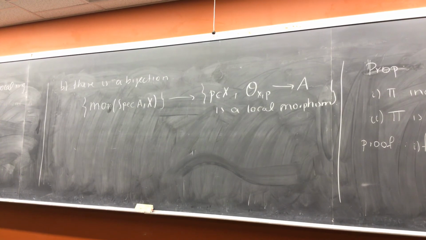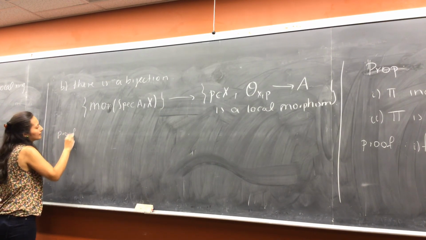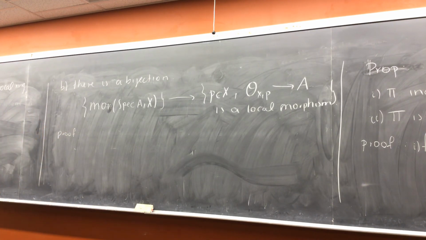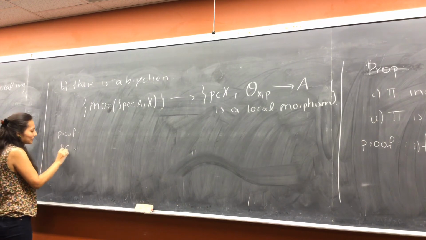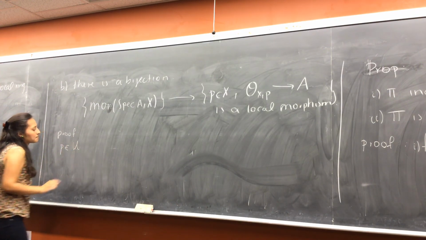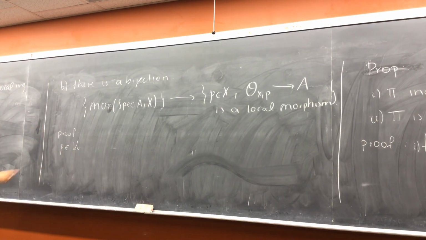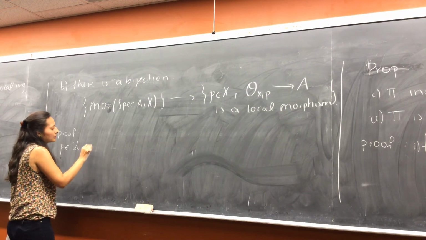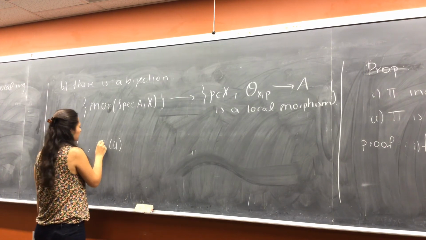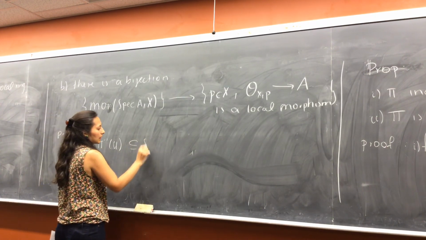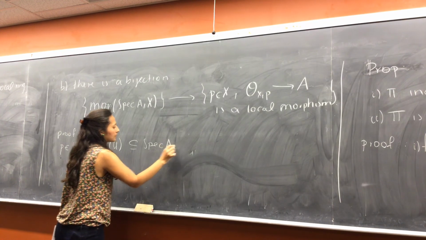Okay, good. I will just do part A, which is just like topology, I think. So you pick an open that contains the point, and then we think on the preimage of the point inside of Spec A, right?